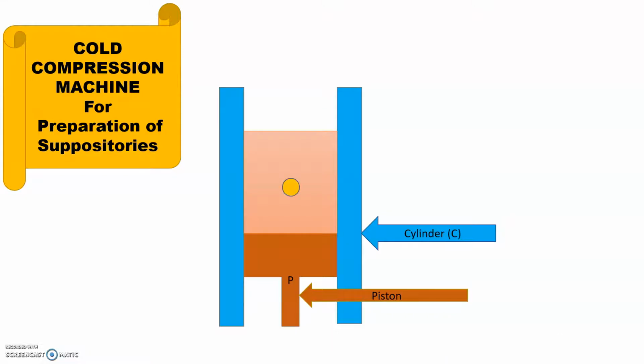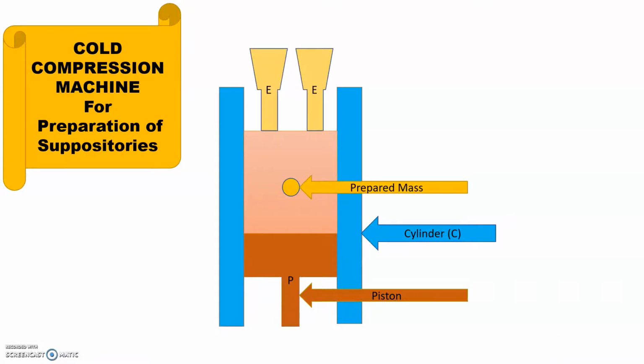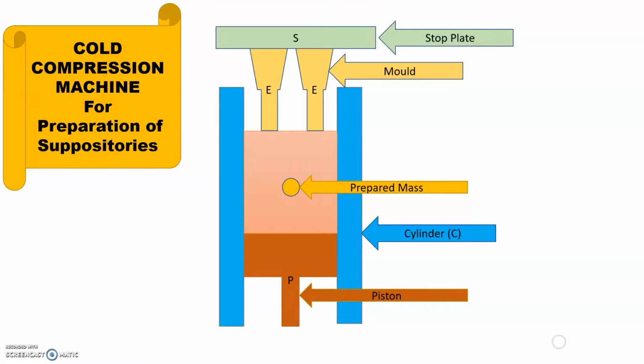The prepared mass is placed at the center of the cylinder. The molds are placed, and above the molds the stop plates are placed, and near the molds there is a narrow opening present.